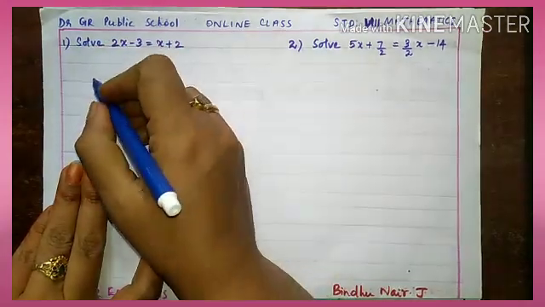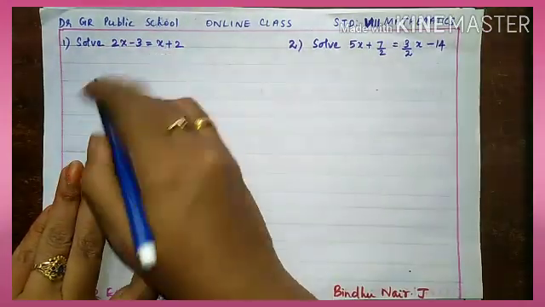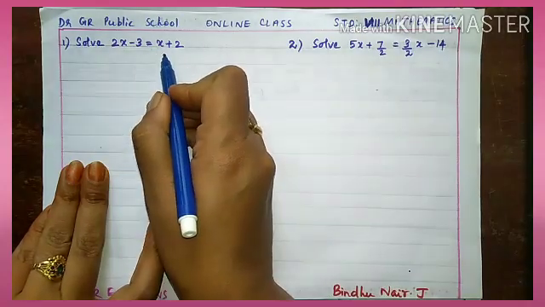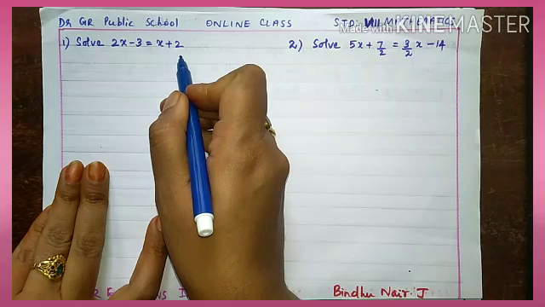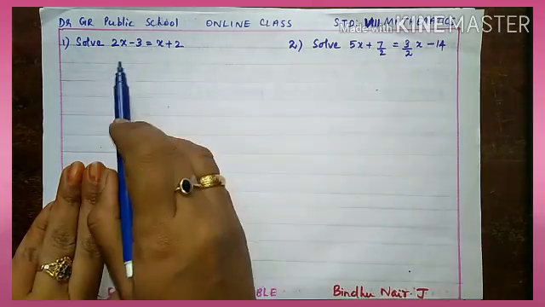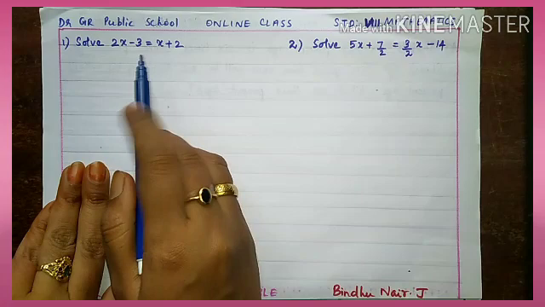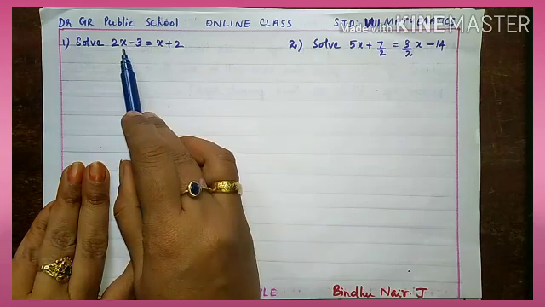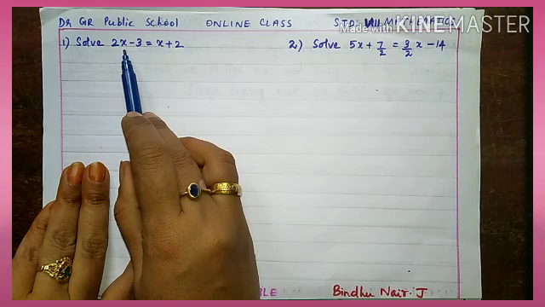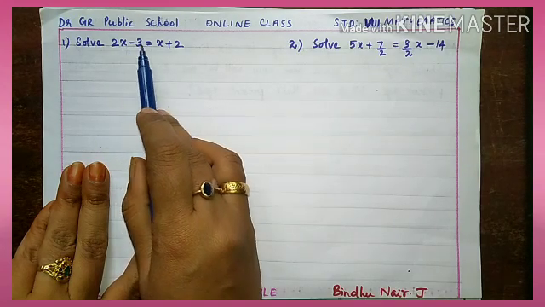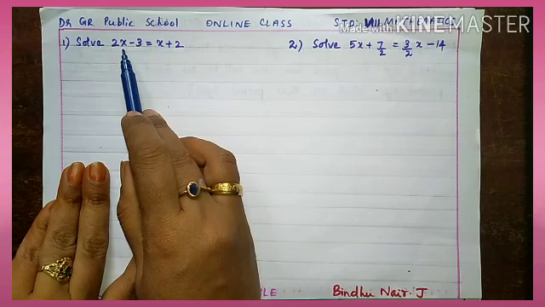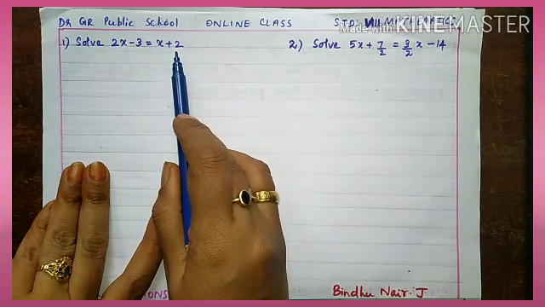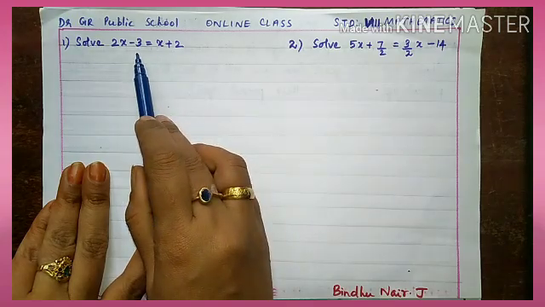Our first example is: solve 2x minus 3 equal to x plus 2. Here you can see this is an equation, and on either side of the equal to sign there are two expressions. How to solve this?